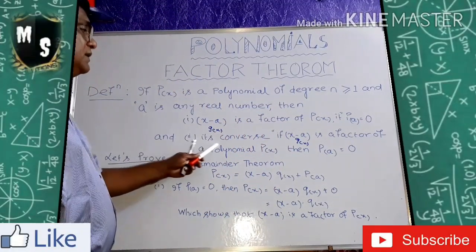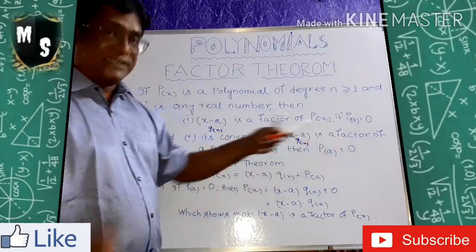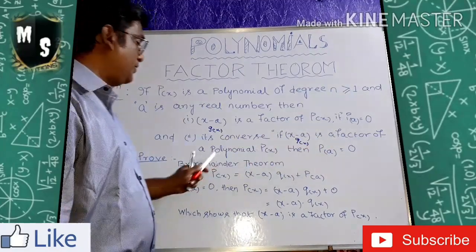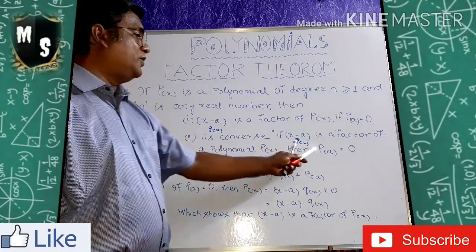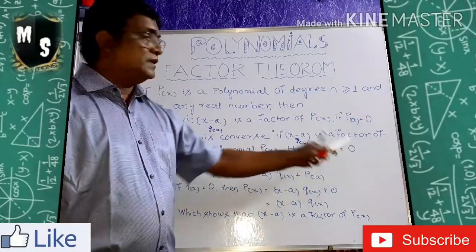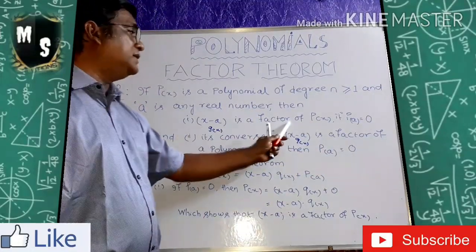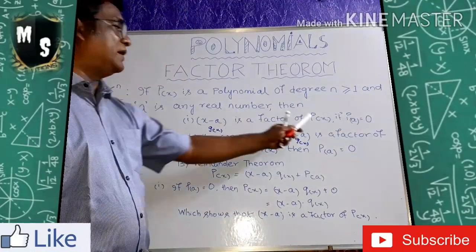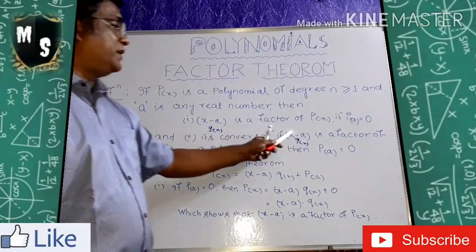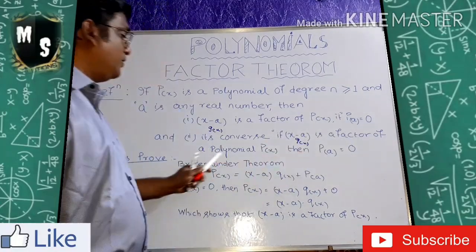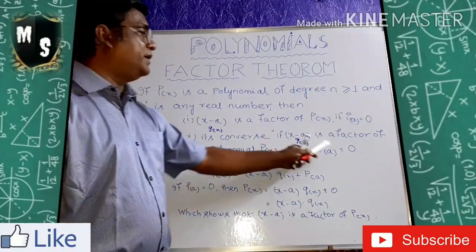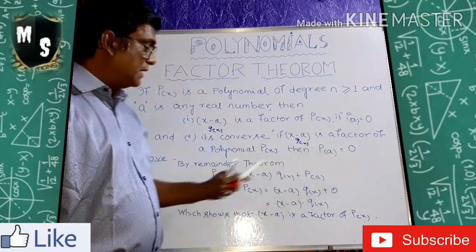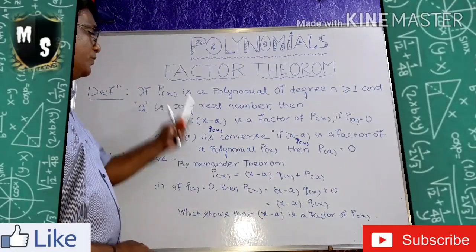And its converse is, if x minus a is a factor of polynomial p(x), then p(a) will be equal to 0. I proved it and I hope you understood it.